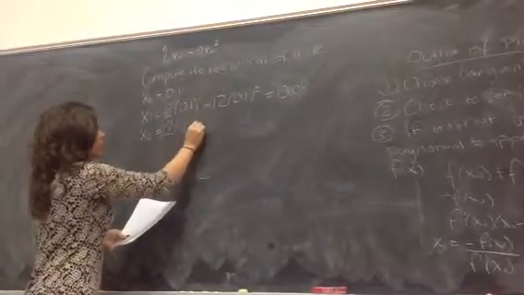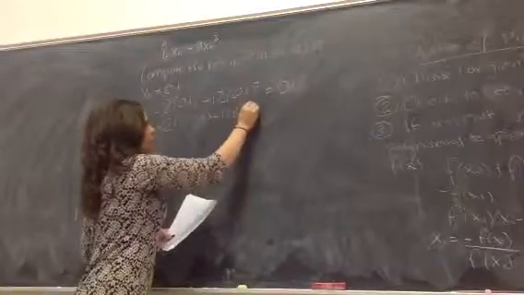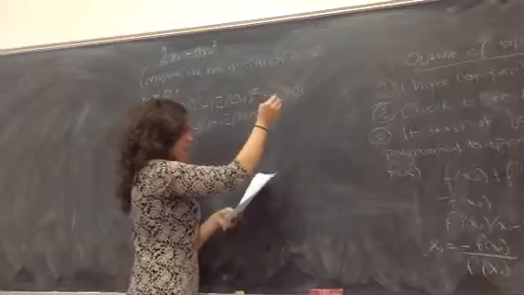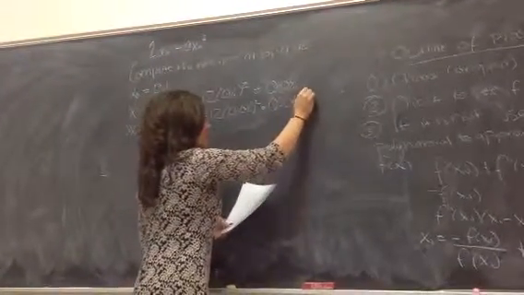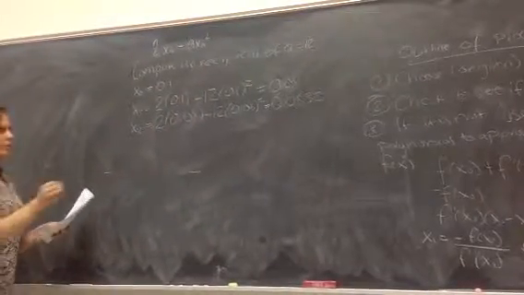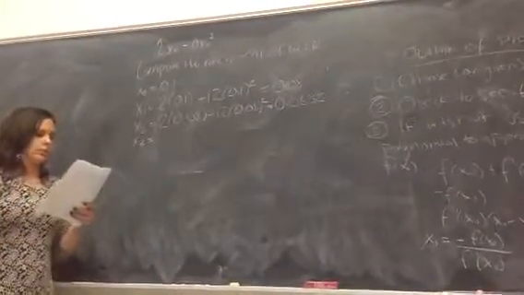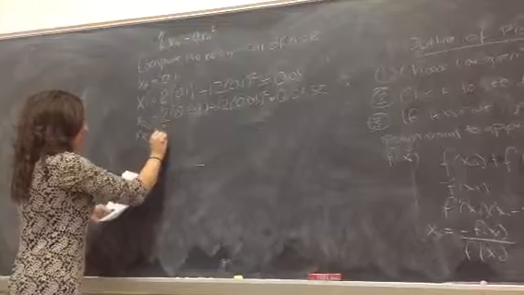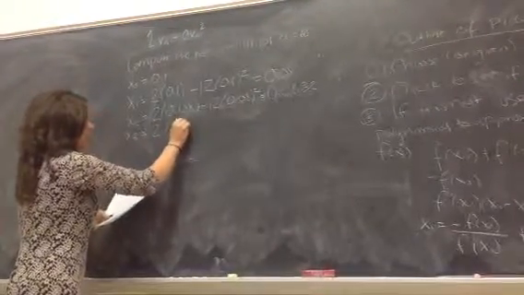So 2 times 0.08 minus 12 times 0.08 squared, and that gives 0.0832. We'll keep going with this because we want to get a pretty accurate answer, and it's not very expensive to do that with Newton's method.